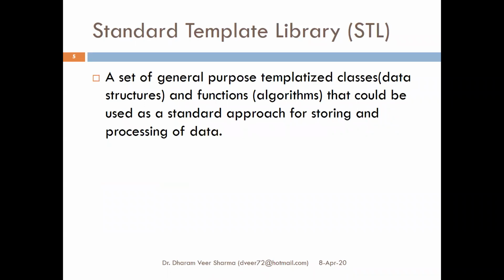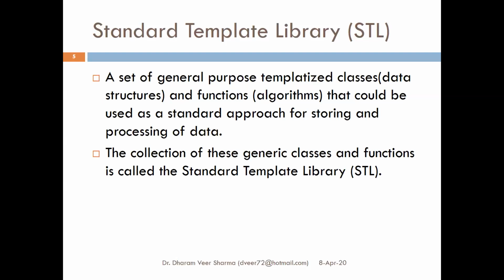So it is general purpose templatized classes. I told you these are classes, meaning they are data structures, and functions, meaning they are algorithms. One algorithm we have already discussed, quicksort. There are many others. For example, if you want to replace something in a string, there is an algorithm for that. If you want to perform binary search, there is an algorithm for that on any type of data.